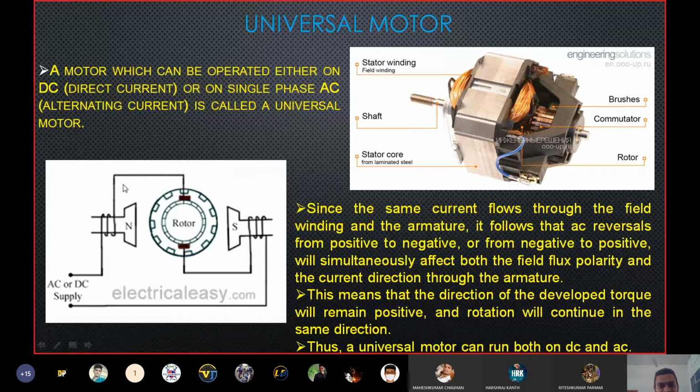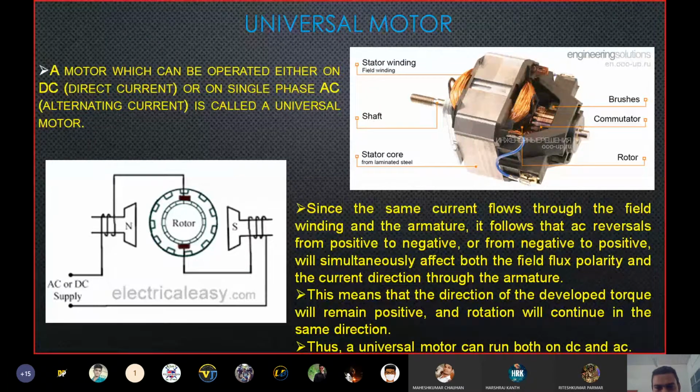During the positive half cycle, positive current flows in the field winding and armature winding, and during the negative half cycle, negative current flows through both windings. So the product remains positive. The AC reversal from positive to negative or negative to positive simultaneously affects both the field flux polarity and the current direction through the armature.